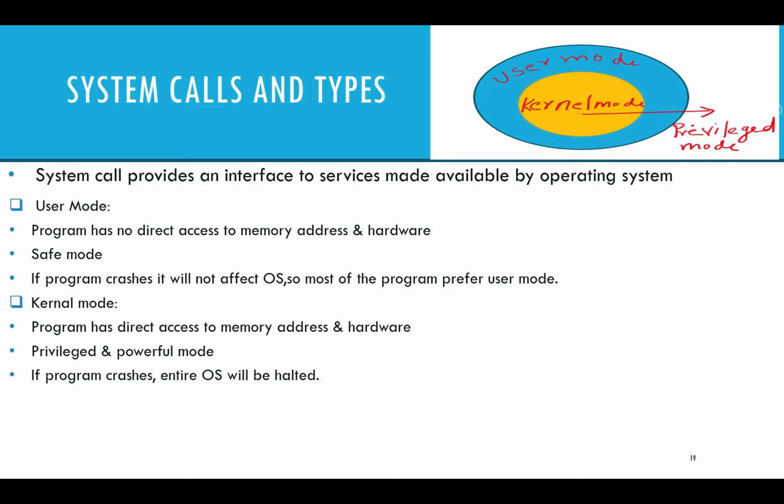This is called a system call. When it makes a system call, the program is switched from user mode to kernel mode so that it can use those resources. The switching from user mode to kernel mode and back from kernel mode to user mode is called context switching.